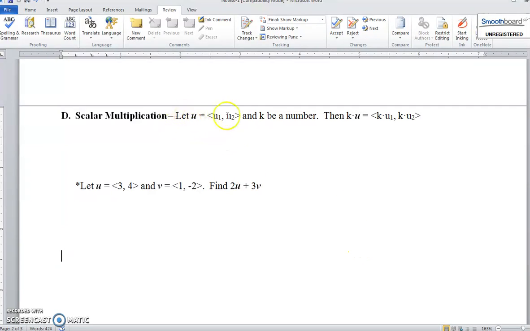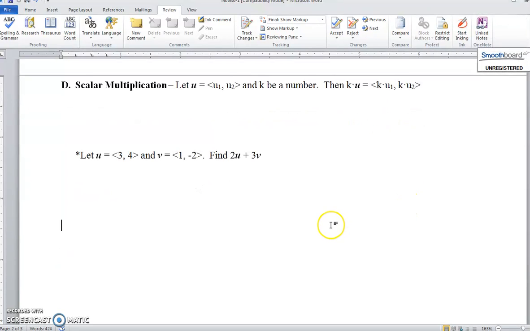So again, if we have a typical vector, x, y, and k is just going to be any number, if I want to go that number times the vector, basically it means take that number and multiply it by the x and y values. So if we go to our notes here, we have 3, 4, and 1, -2, the same vectors we had, and I want to find 2 times u and 3 times v.